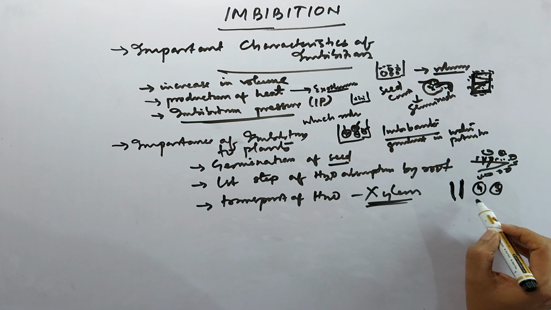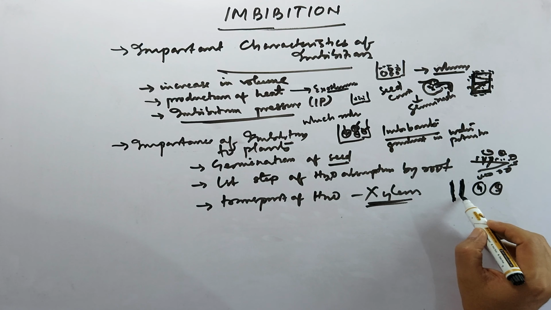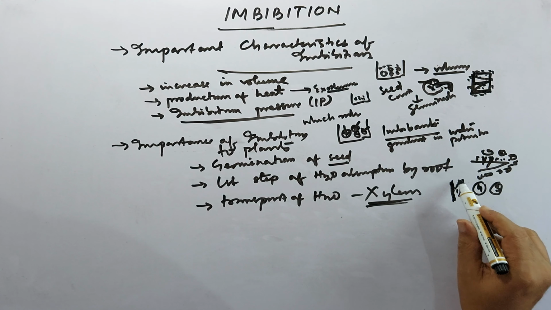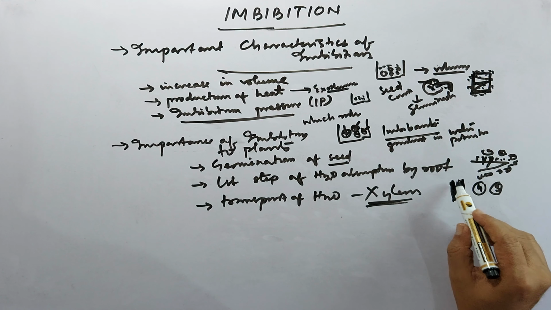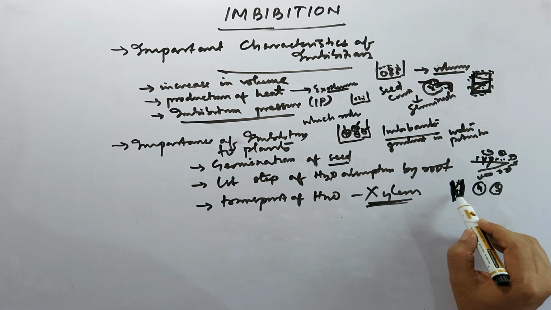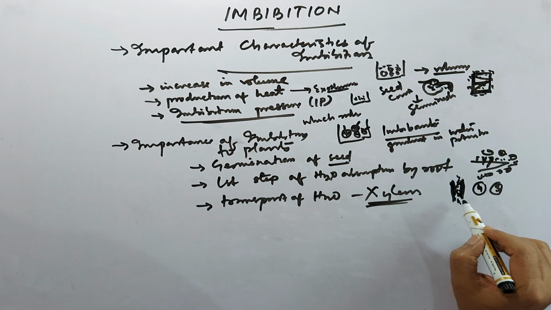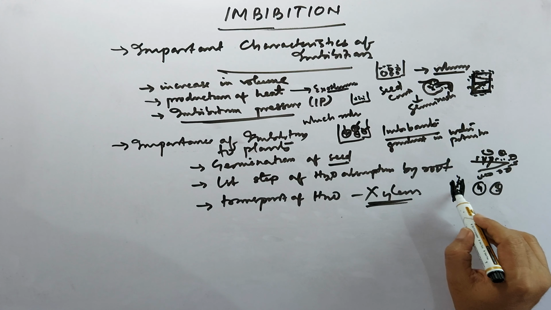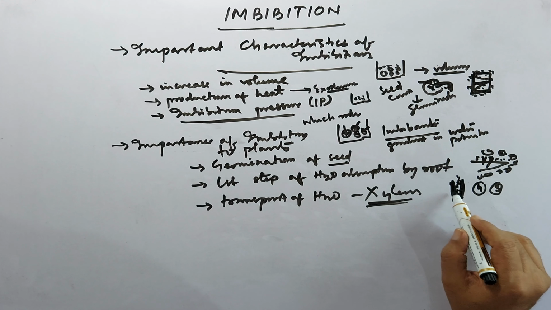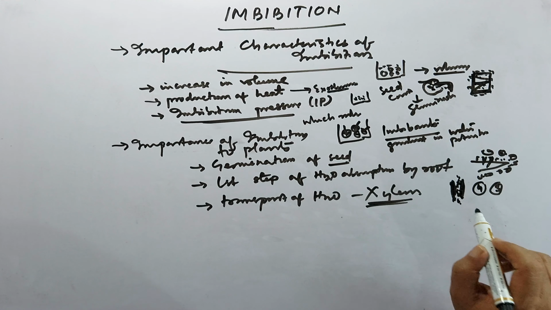Although they are non-living, when water passes there is first surface wetting and then absorption of water. In this way a continuous water column is maintained by the cohesive force. We will discuss this in the ascent of sap. So first adsorption and then absorption takes place.